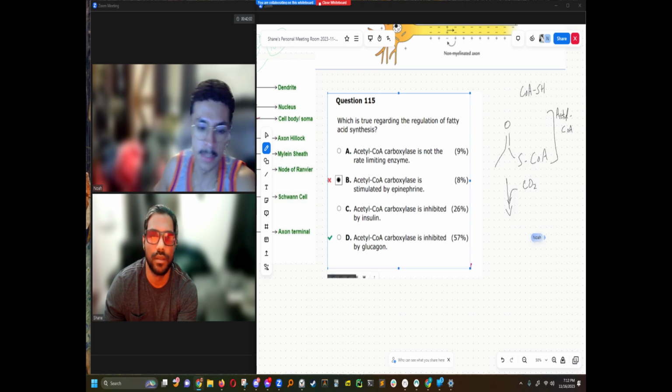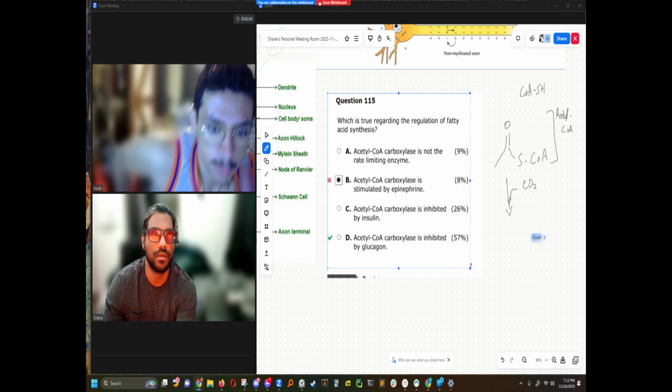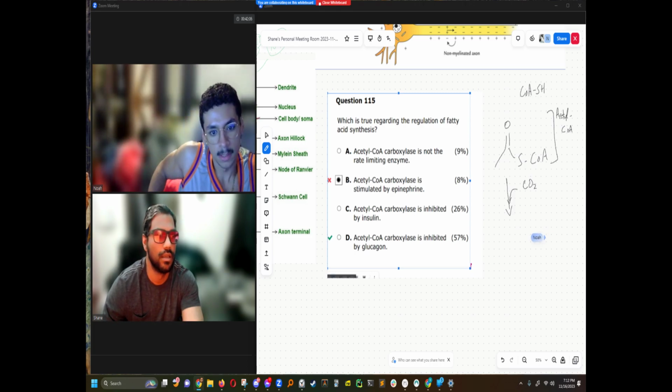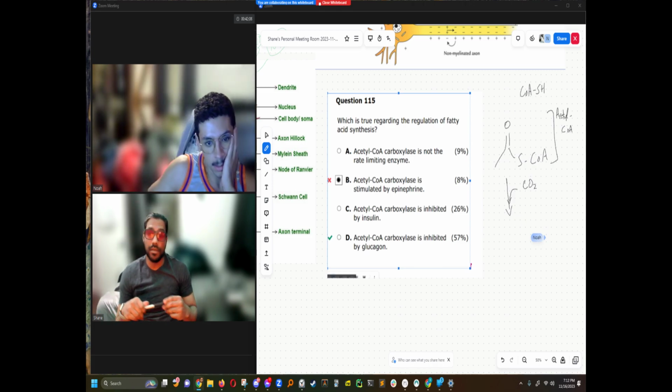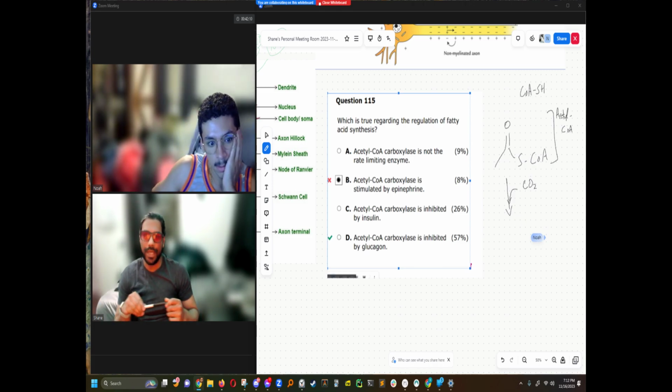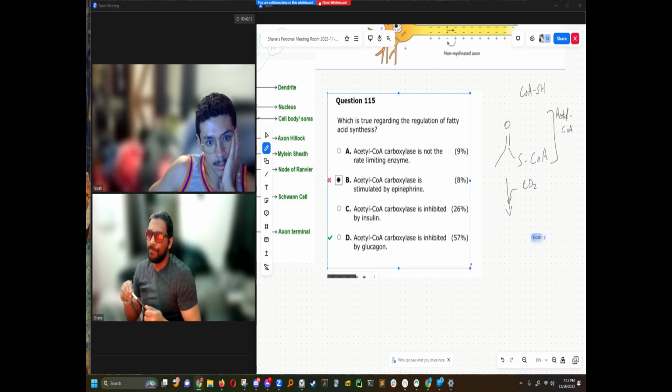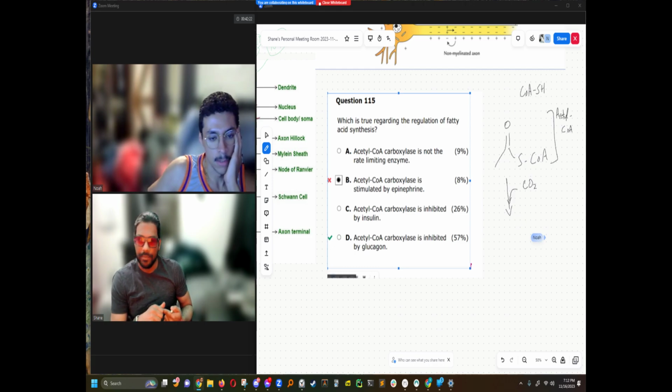Well, are we adding CO2, or are we reducing? Sorry. If we were doing any redox, the enzyme in question would be called a dehydrogenase or something like that. Oh, okay, dehydrogenase.